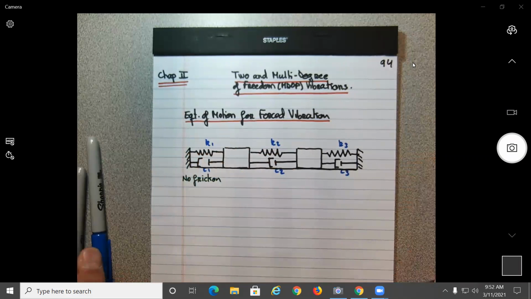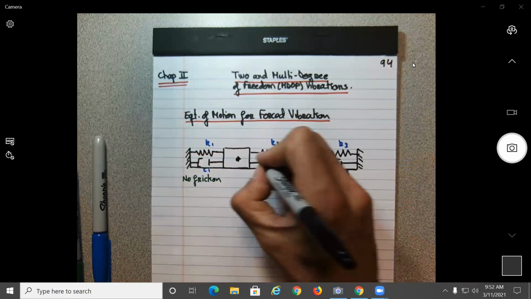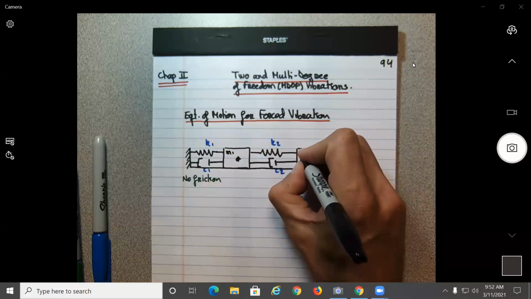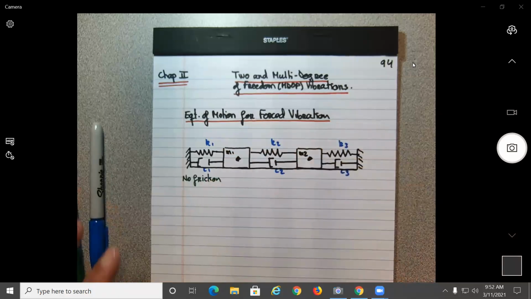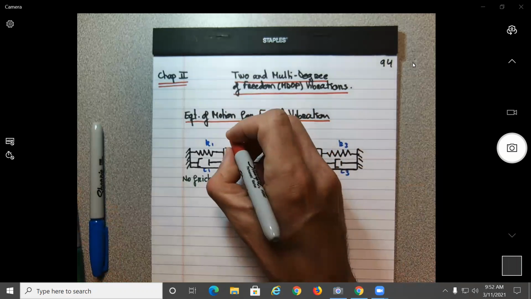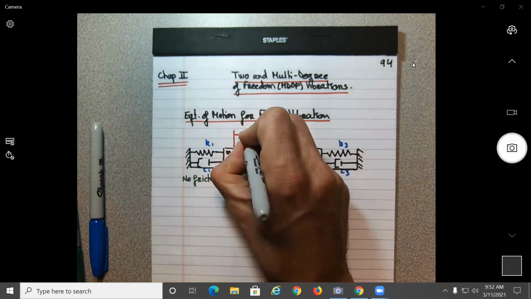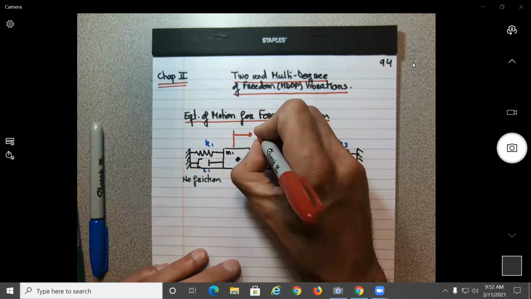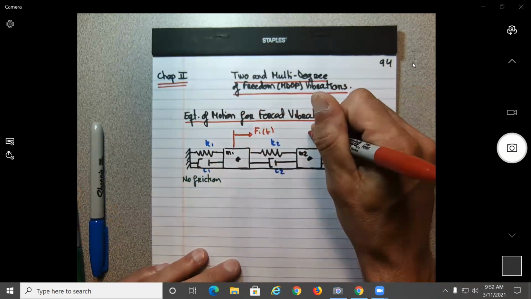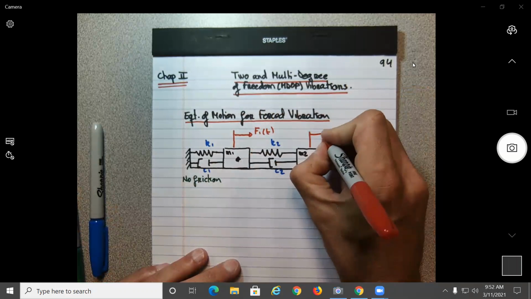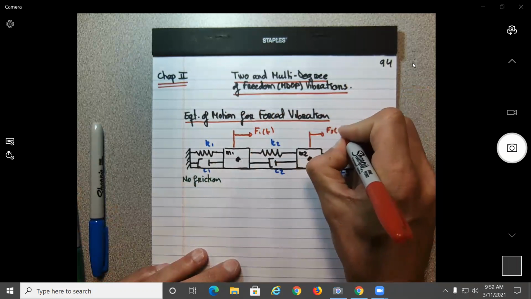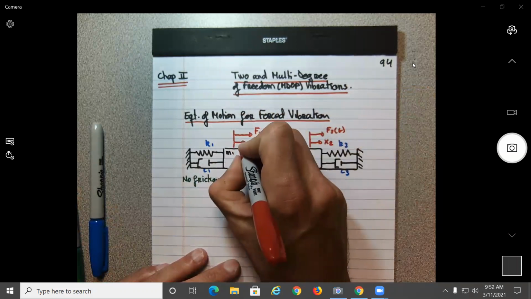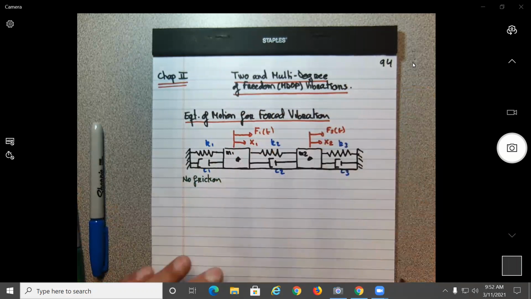All right, I forgot to put here, this will be M1, M2. And here we need to specify the forced vibration. So this could be F1 of t. This could be F2 of t. And on the same one, we're going to define here as being X2. And this will be X1.